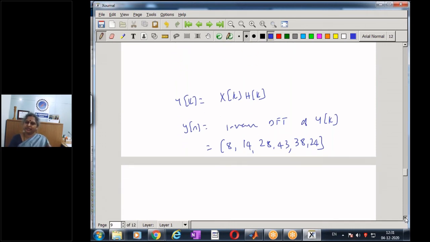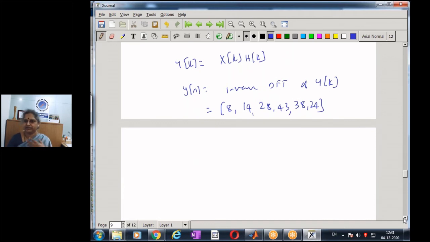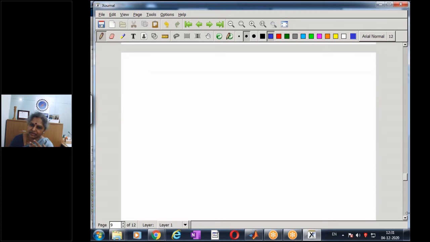This method may look very involved and roundabout, but when we have efficient methods for computing the DFT, it turns out that performing convolution by moving into the frequency domain, performing the product and then computing the inverse results in a faster computation as compared to direct convolution in the time domain.